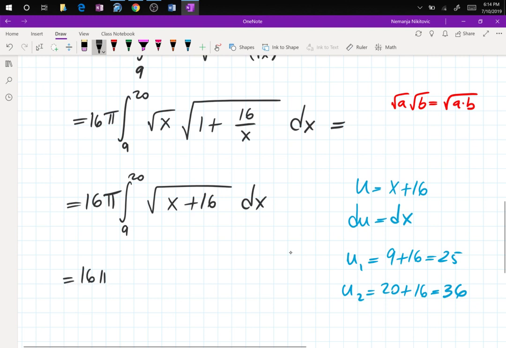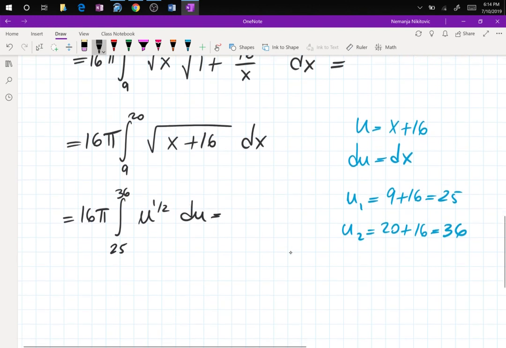So 16 pi, and I have the integral from 25 to 36 of u to the 1/2 du. This is 16 pi u to the 3/2 divided by 3/2 computed from 25 to 36.